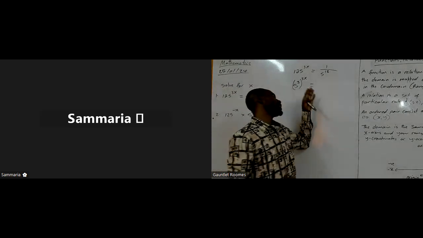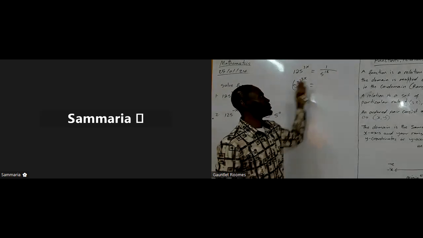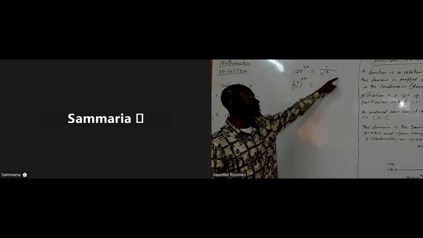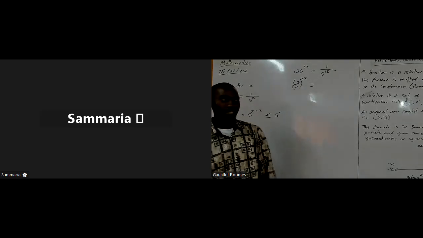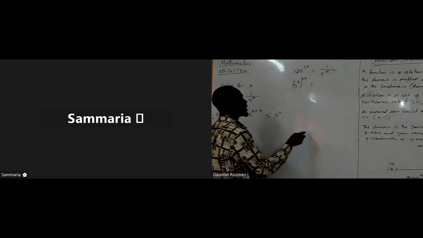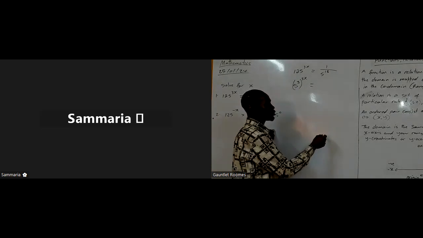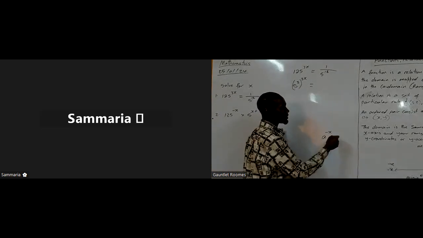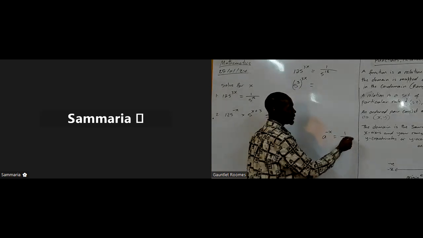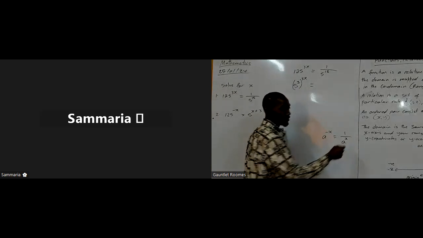Now we want this and this to be on the same level, so we have to rewrite this in another form. Yes, so we use the negative power rule, where we say a to the negative x is the same thing as 1 divided by a to the positive x.